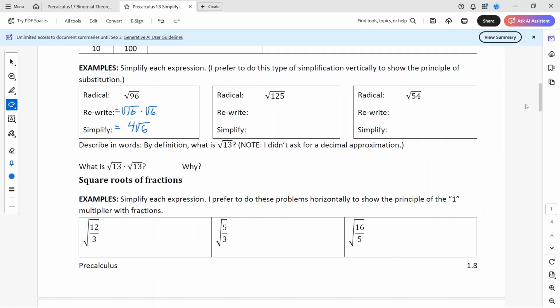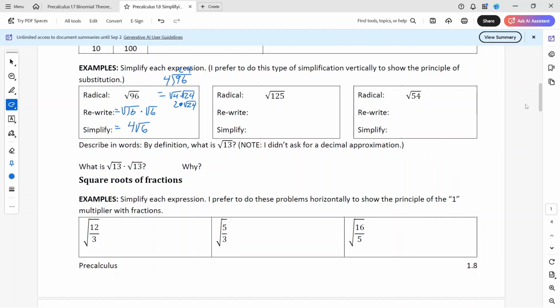Now, a lot of you might recognize that 96 is divisible by 4, and you might even go old school with it and see that it's 24. And if you call this the square root of 4 times 24, you would not be wrong. That would be 2 times the square root of 24.